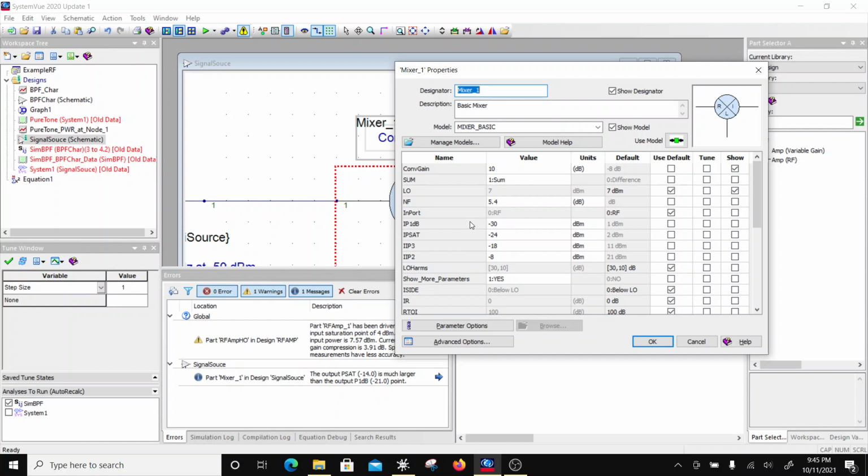P1 dB here, what is that? Input P1 dB. Oh, so all our numbers are not the output. So basically they are referred to the inputs. So let's make correction here.